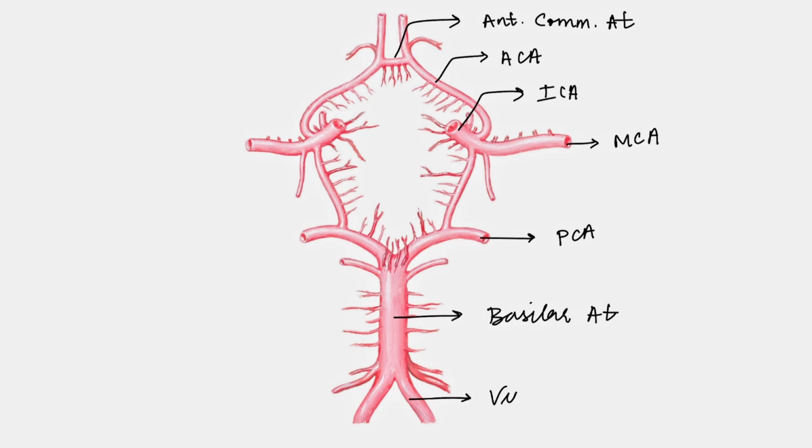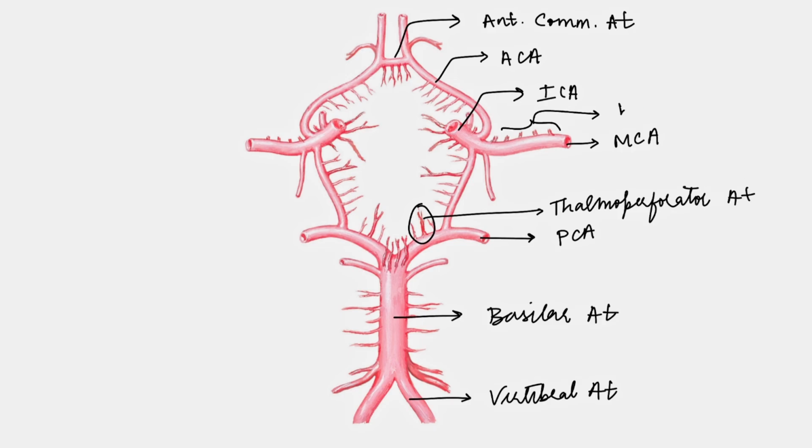This is the vertebral artery. And this here, a small artery arising from the posterior cerebral artery, is the thalamoperforator artery. And these ones from the MCA are the lenticulostriate arteries.